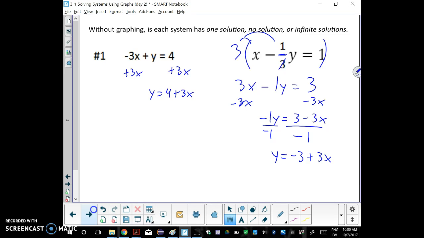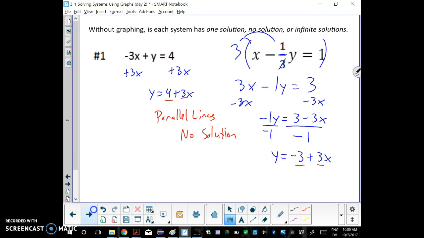Okay, so at this point, we could go to Desmos and graph them, but in theory, if we flip back and look at our list of one solution, no solution, infinite solutions, we should be able to see these have the same slope, but different y-intercepts. So this is going to be the parallel lines case, which is no solution. So in theory, we don't even need to graph it.